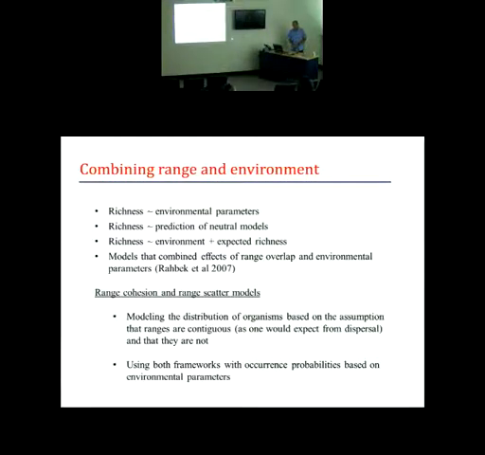In 2007, Kartik et al. came up with a set of models which would model the distribution of organisms based on the assumption that ranges are contiguous, which is essentially what these range models were postulating: that if I take a bunch of contiguous ranges and throw them into these domains, they would create these hump-shaped patterns. So we modeled the distribution of organisms as if ranges are contiguous and as if they are not. These they called range scatter and range cohesion models, and combined the scatter, which is just discontinuous ranges, and cohesion, which are contiguous ranges, with environment.